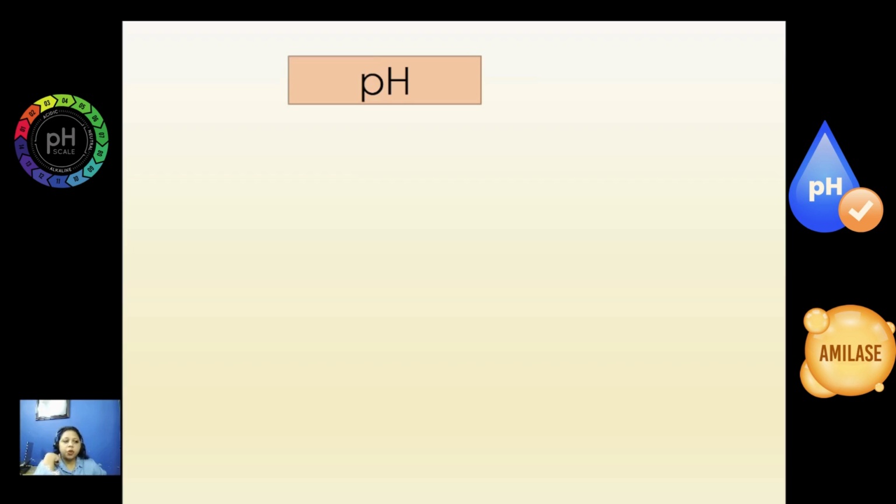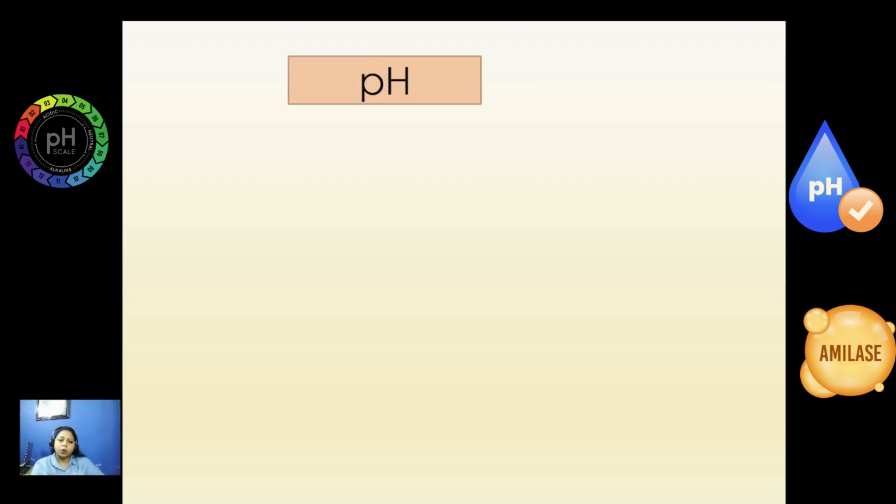Similarly, the pepsin is produced in our stomach in an acidic condition, and it's not going to work in the intestine because the intestine has an alkaline pH. So when the pH changes, the structure differs a bit.